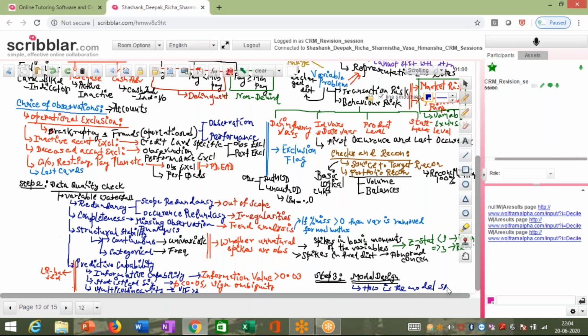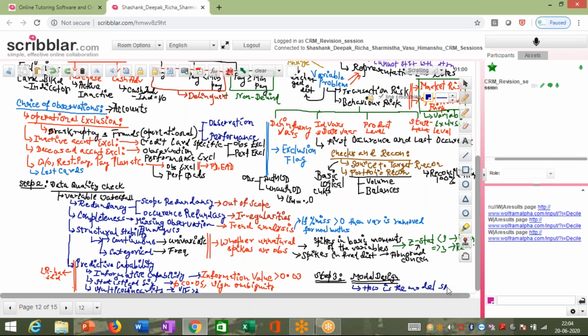So delinquency patterns exhibit seasonality for these retail products, right? Seasonality in terms of delinquency is observed in most of these variables, right?